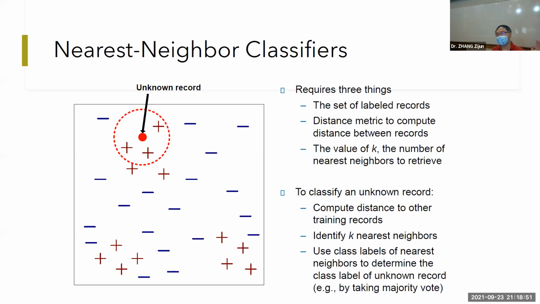Then completing the computation for these 1 million records could also be very time consuming. So the majority of the computational complexity in k-nearest neighbors is directly related to the number of data points involved.